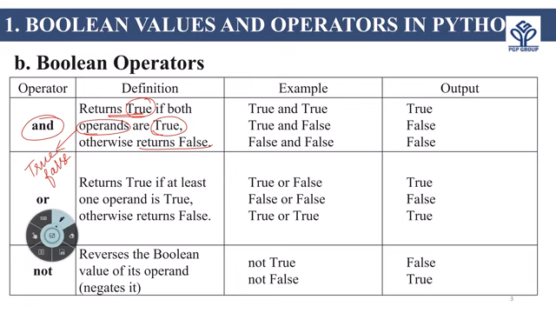For example, true and true: both operands are true, so it returns true. True and false: not both operands are true, so it returns false. False and false: both are false, but our condition requires both operands to be true, so it returns false.